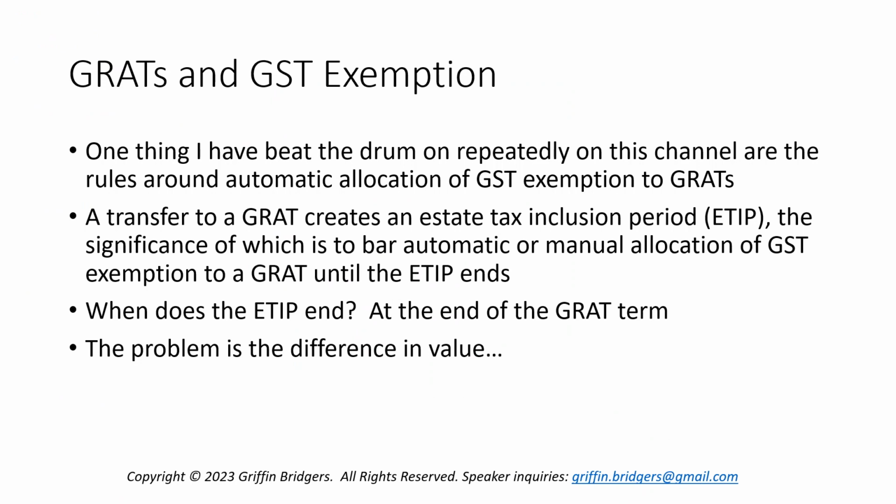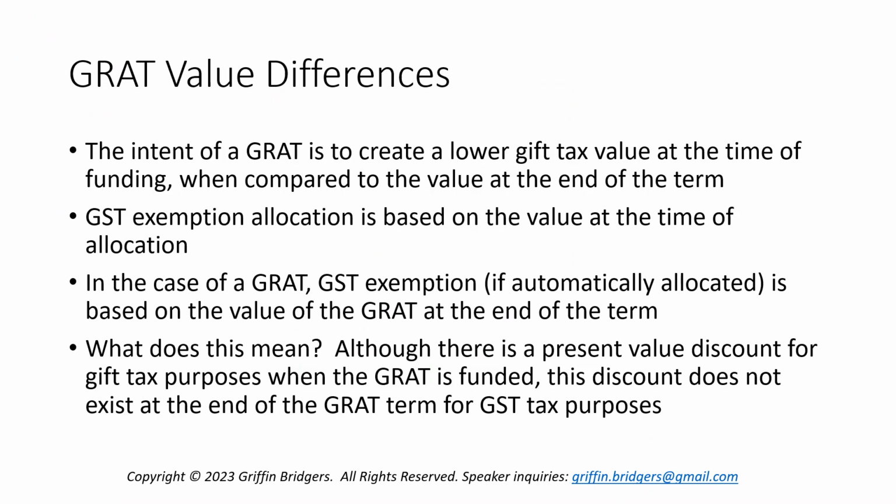And the issue pops up in terms of the difference in value, the delta between the gift tax determination of value of the GRAT when it's funded and the value at the end of the term. So what do I mean here? Well, the intent of a GRAT is to use present value discounting to achieve a lower gift tax value when compared to the value of the GRAT at the end of the GRAT term.